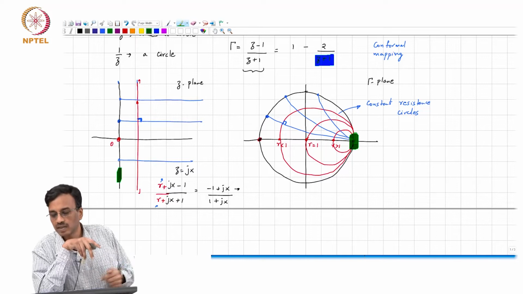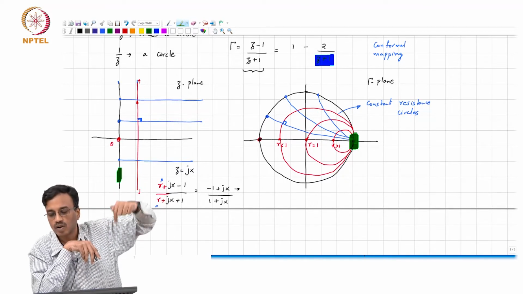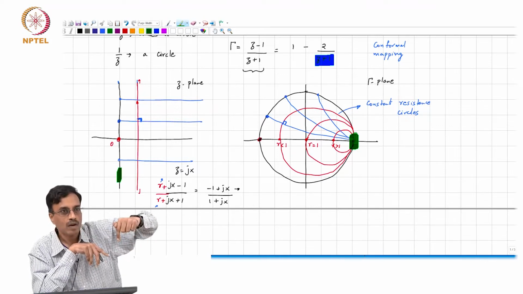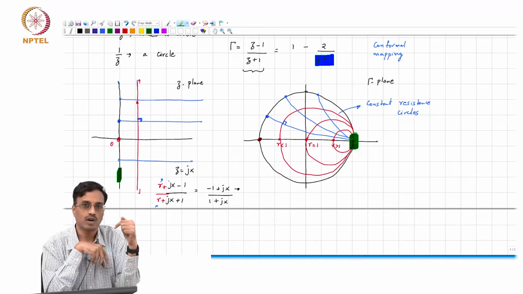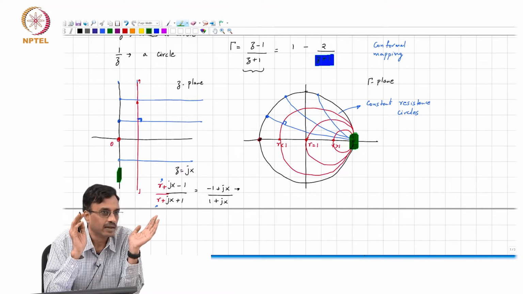So when all the red circles approach infinity at +1 in this way, all the blue circles approach infinity in the horizontal direction, and the angle between them is still 90 degrees.